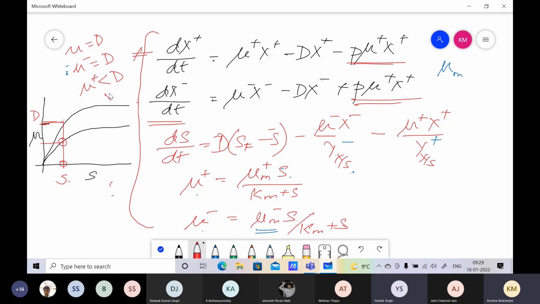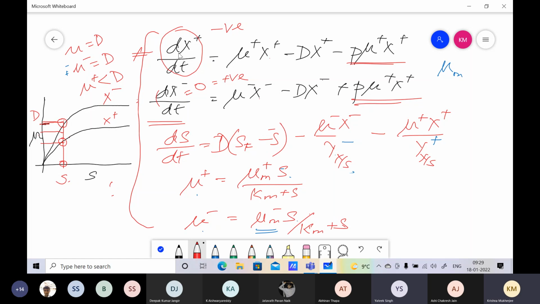This is mu, this is X minus and this is X plus. And so this term here will be negative and this term here will possibly be equal to 0. If the dilution rate is somewhere here, then at this substrate concentration, this fellow will be growing faster, this fellow will be growing slower, and therefore this dX plus will be negative and this will be positive. And therefore this will increase and this will decrease.